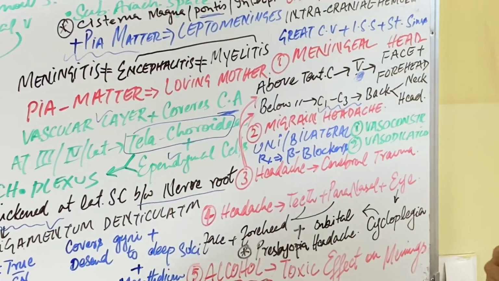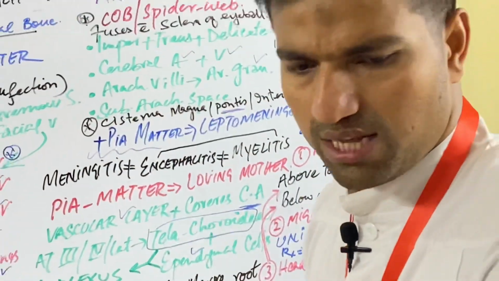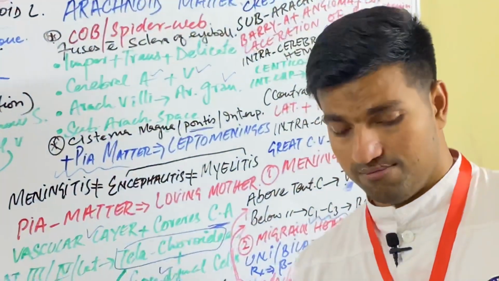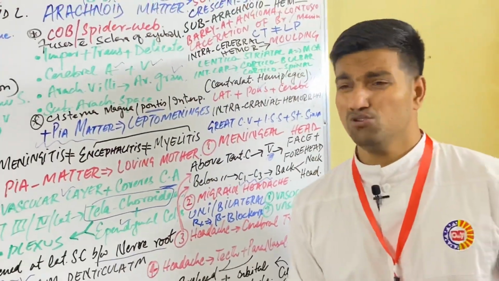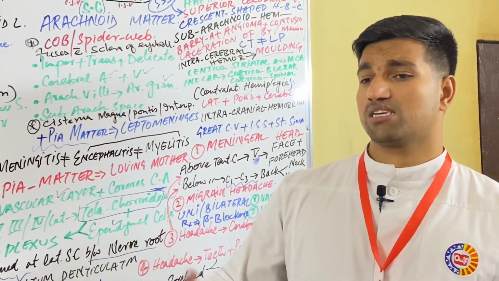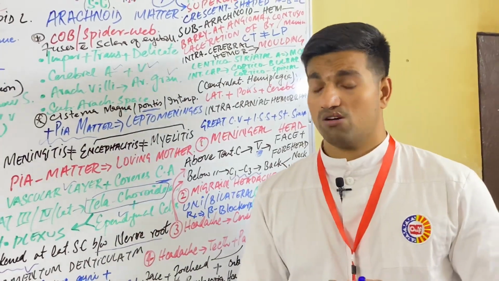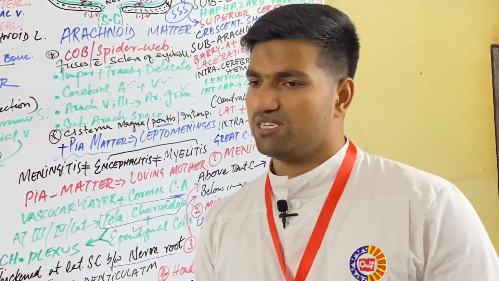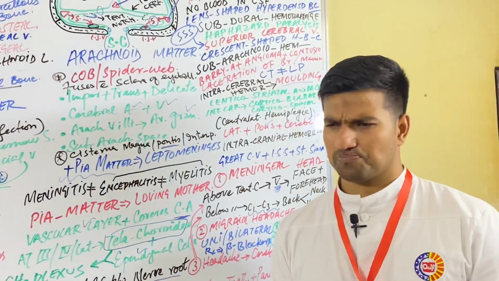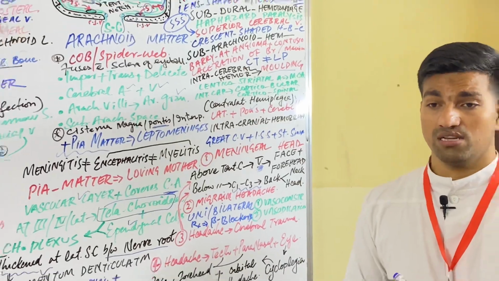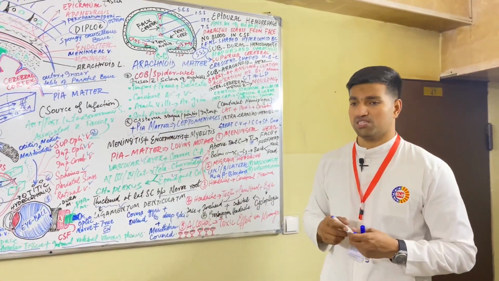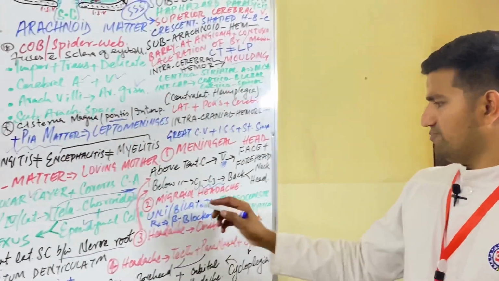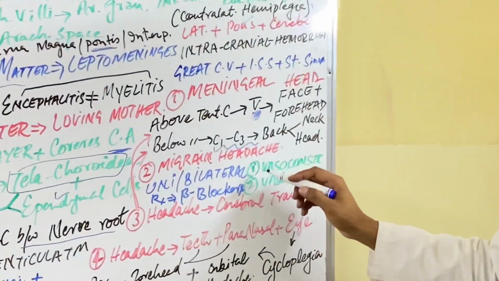Then we have migraine headache. It may be unilateral or bilateral, due to vasoconstriction of the veins coming from the visual cortex or vasodilation of the cerebral arteries, because visual disturbance is the key feature in migraine headache. So that's why we give beta blockers, which reduce the vasodilation. So what happens in migraine?